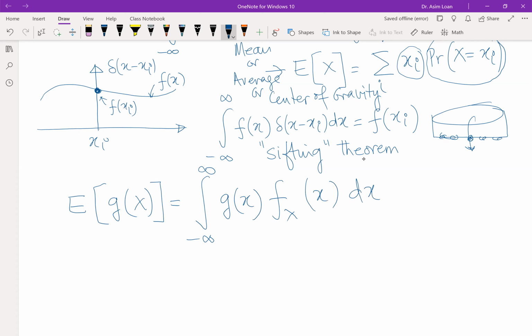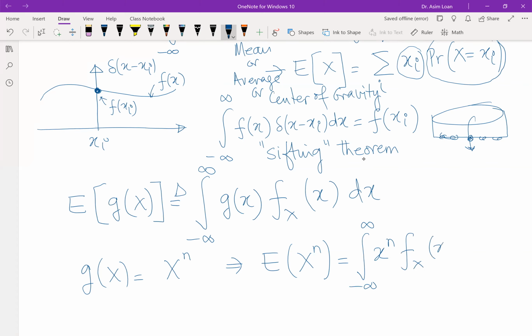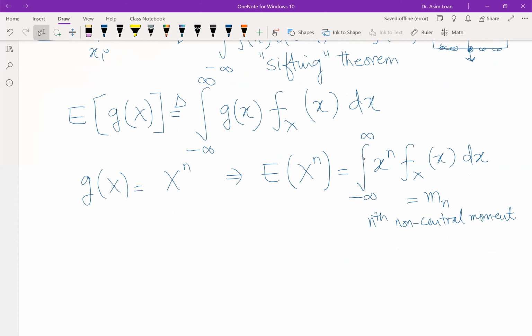If g of x is x raised to the power n, this implies expected of x to the n is simply minus infinity to plus infinity x raised to the power n f x of x dx. This is called the nth non-central moment.